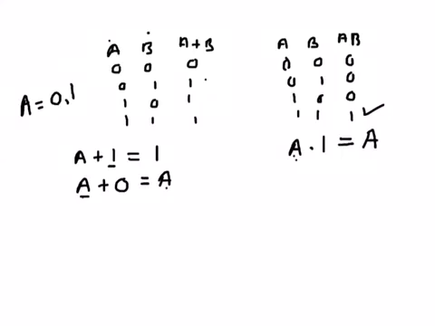So whatever A is goes through. Similarly, A and 0 is 0, like algebra also. The reason is, whether A is 1 or 0, since it is being ANDed with 0, both have to be 1 for the output to be 1. Since one of them is already 0, the output will be 0.